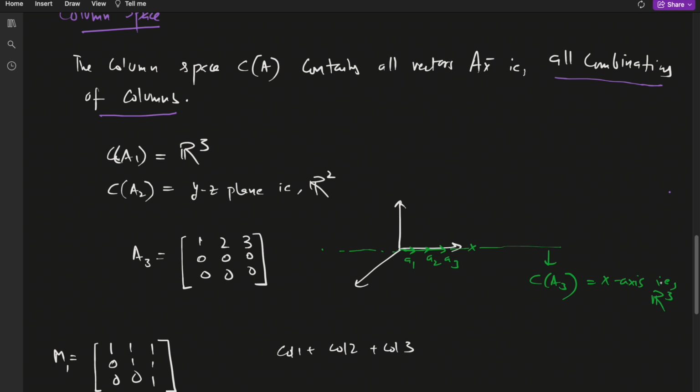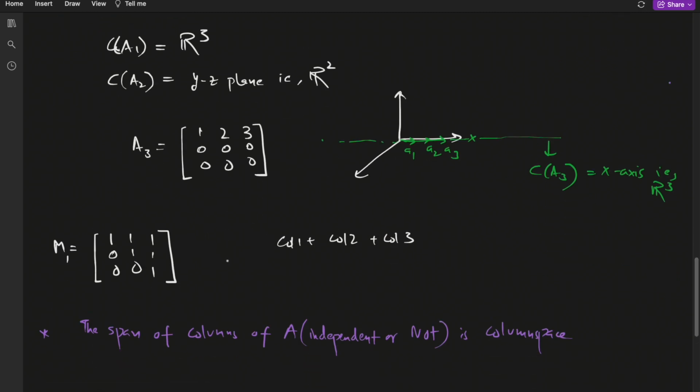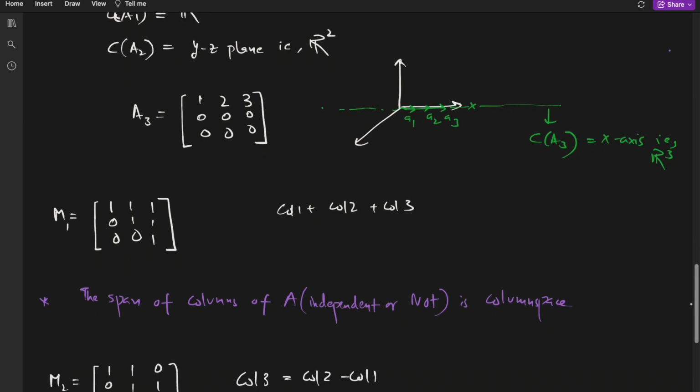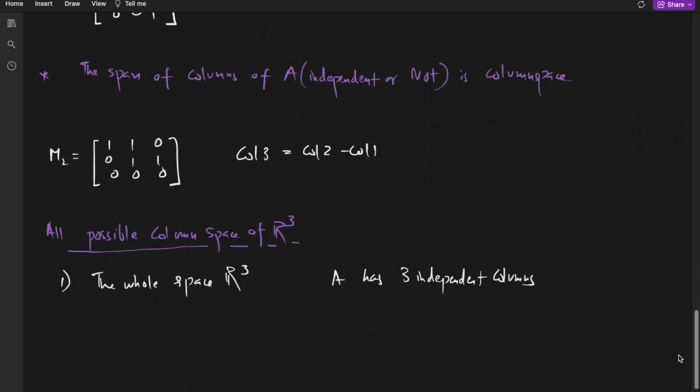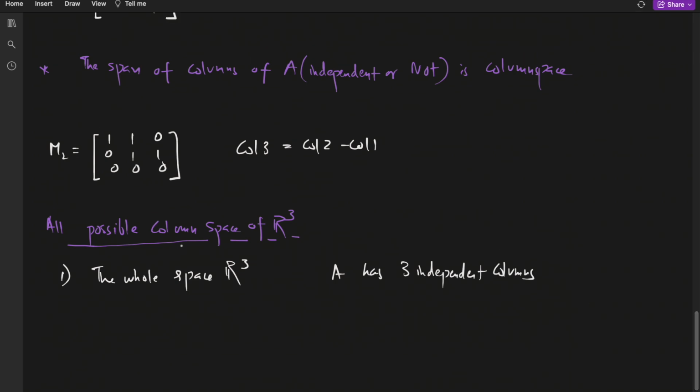This M1. So this has three independent columns, and in this case, the column space, that is the linear combination of columns of the matrix or the span of columns, is nothing but the entire R cube. So one of the possible column spaces of R cube is the whole R cube, right? And in such a case, the matrix has three independent columns.